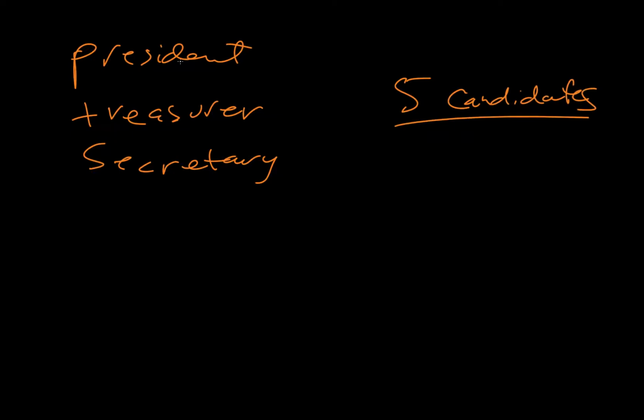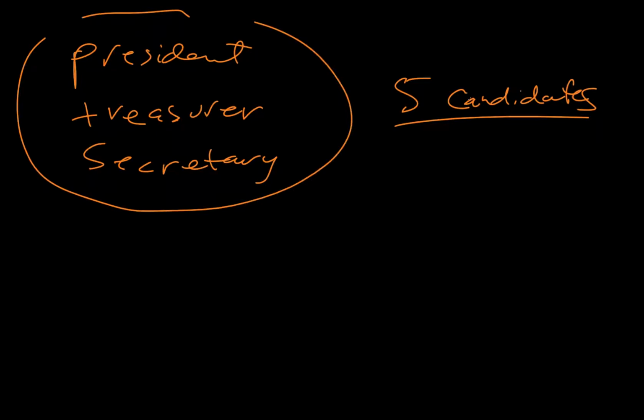Okay, so we have 3 positions and we're choosing from 5 candidates. Now, in this, order matters, because if we have the same 3 people but they're in different positions, those would be different outcomes. So order matters. So it's a permutation.